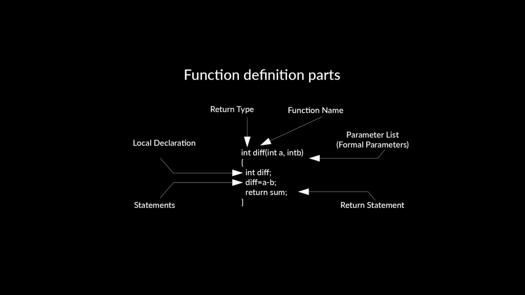The return type in our case is integer. It can be float or any other. It can be character also. So this is all about the parts in function definition. I hope you understood. Now let us move on to the third element, which is function call.